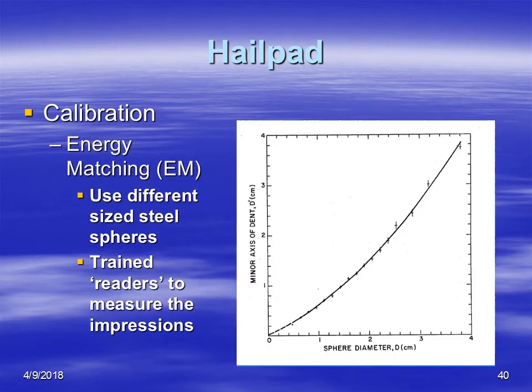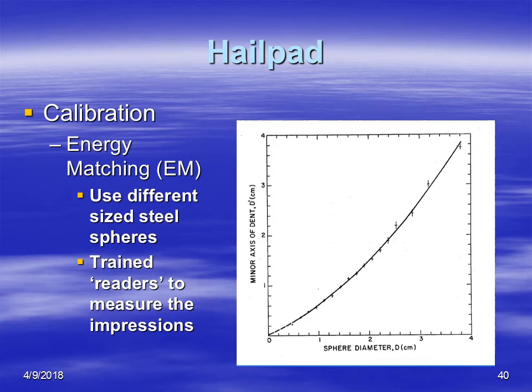So here's a plot of energy matching, and it shows along the vertical axis the minor axis of the dent. In other words, when you drop not the hailstones, but the steel spheres, that's the indentation that's left. And then what you're trying to correlate to is the actual diameter.